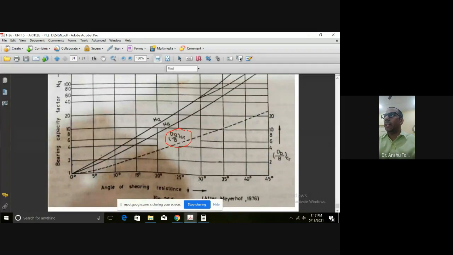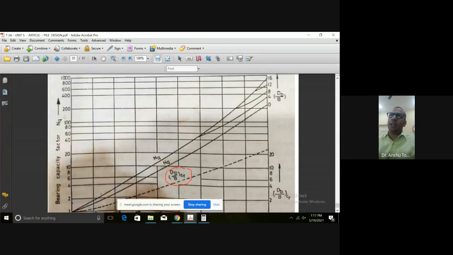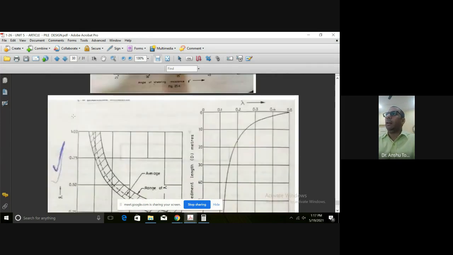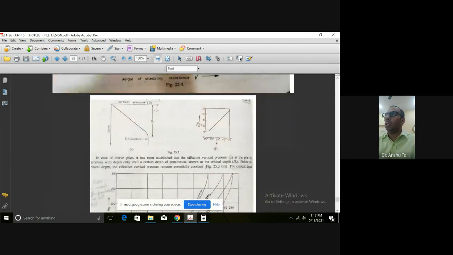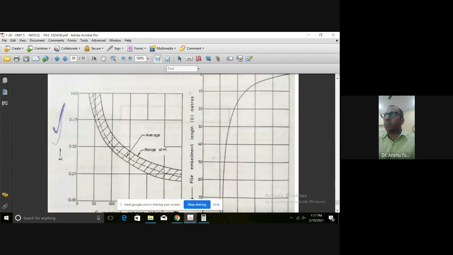So in case we have got NQ also involved, now there are two conditions here. In some of the questions you will not find NQ value; you will only be finding phi value. So if you have got phi only, then you can only find out the critical depth using this particular graph, because you don't have NQ. If you are able to find out NQ somehow, then you can use this particular chart.